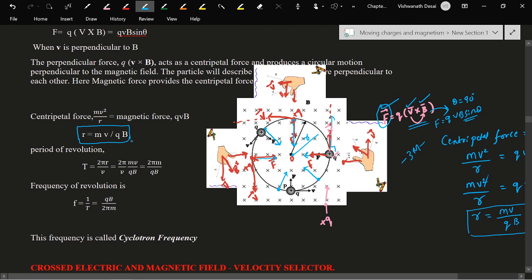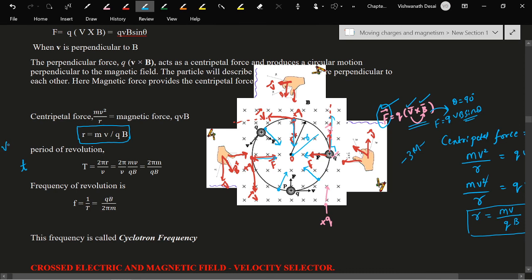After this, I want to calculate the period of revolution of the charged particle. Since it is circulating around in the magnetic field, what is the time period of that? So the time period, I can use the formula here.